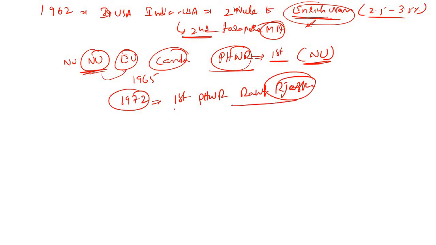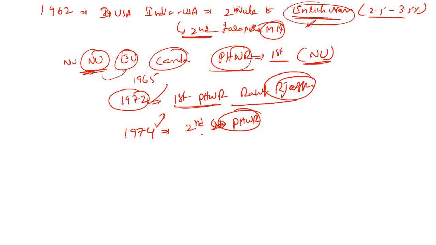At Rajasthan's Rawatbhata they constructed the first pressurized heavy water reactor, but India conducted its nuclear test in 1974. During that time, Canada was constructing the second pressurized heavy water reactor. Okay, first they already constructed in 1972, and in 1974 India conducted the nuclear test.